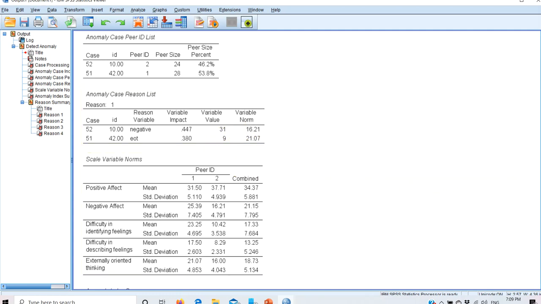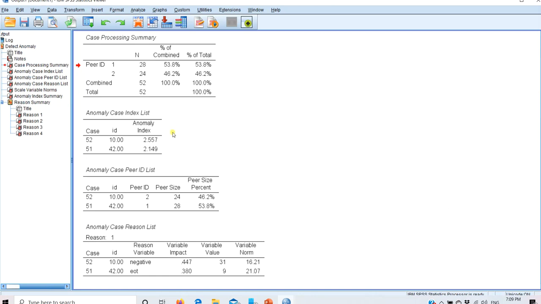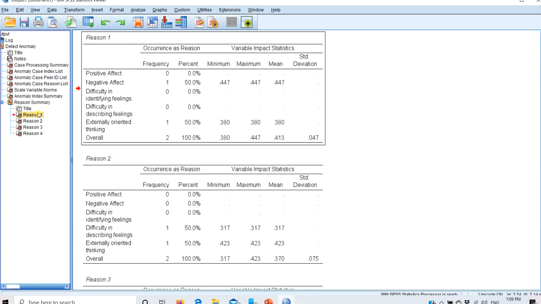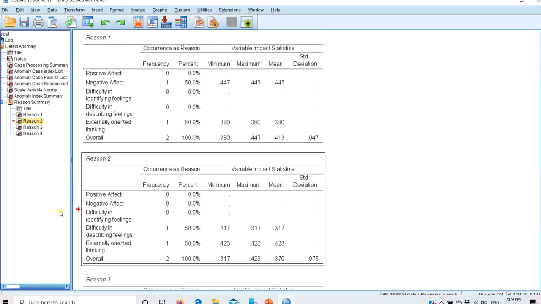Now we can see the value of all the reason 1 here. What is the frequency of this, the percentage, the minimum, maximum. Reason 2 occurrence as a reason, variable impact.